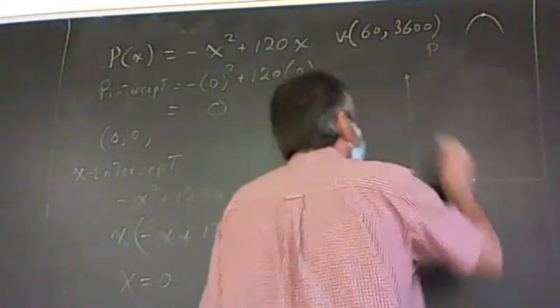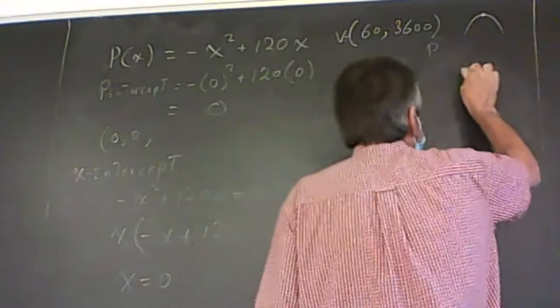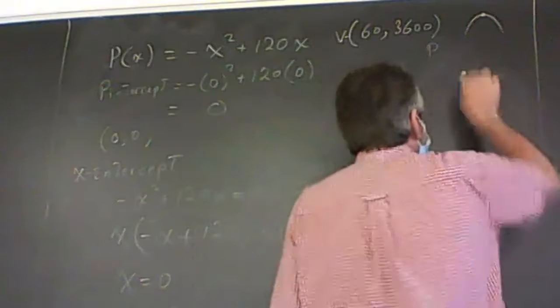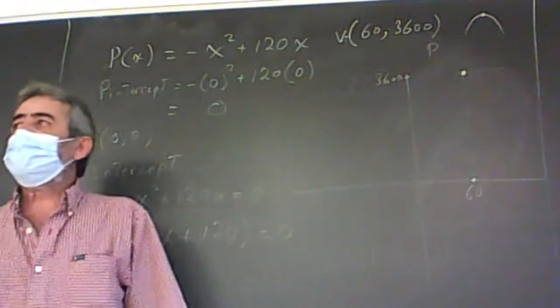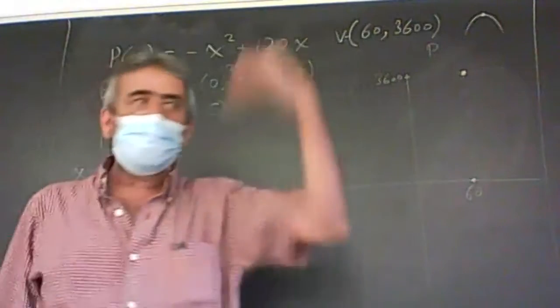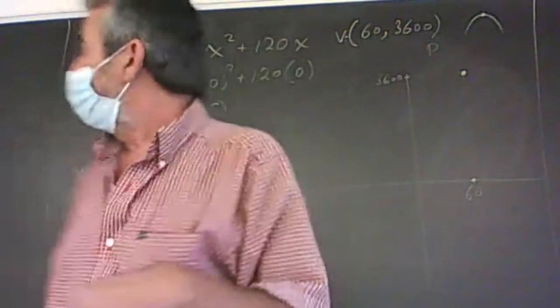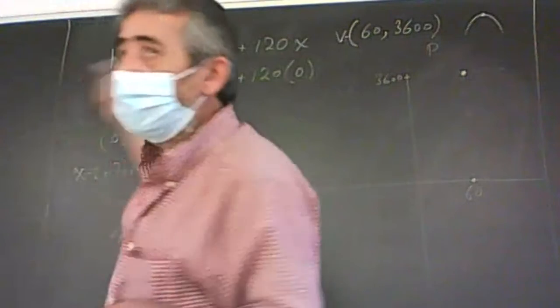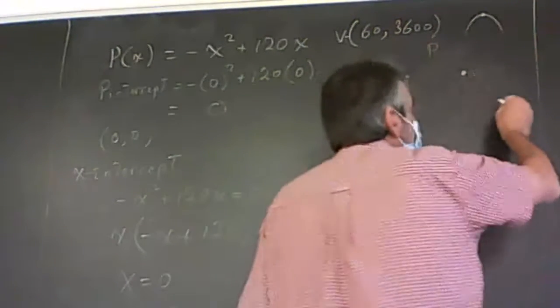So that's your 60, that's your 3600, and this is the intercept, and this is the vertex. Clear? Now, we said the graph is going to go upward or downward? Downward, yes? So the graph is going to come and do like this.